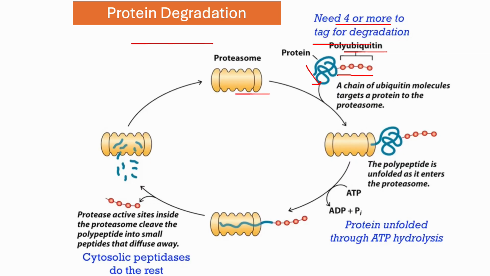Then this one is the proteasome. It enters into the proteasome, ATP is utilized, and then what happens? It goes inside here, ubiquitin is released, and amino acid residue comes out. Then again this proteasome goes to take another misfolded protein which is tagged with polyubiquitin.